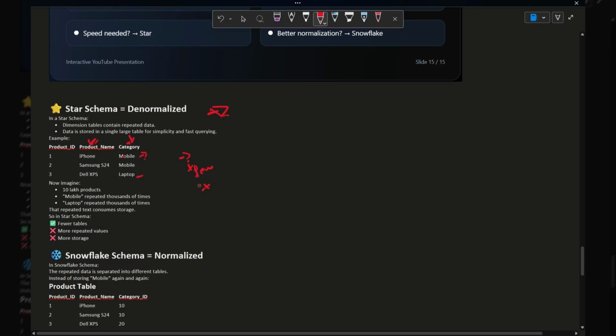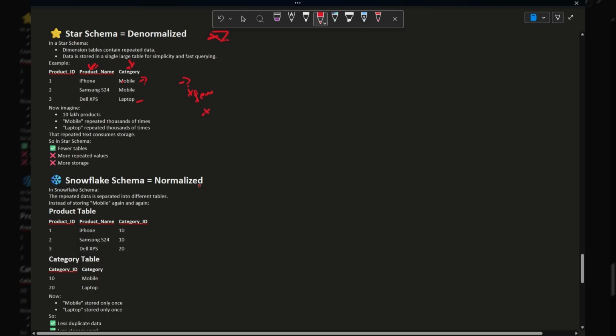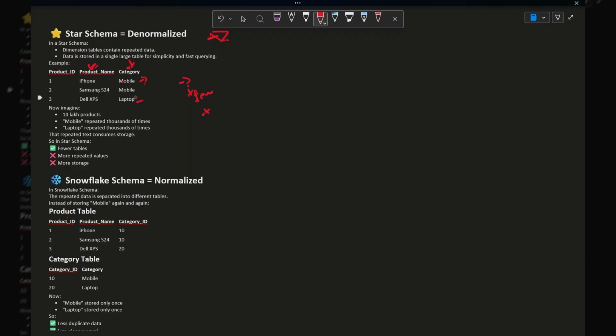Now let's move on to the Snowflake schema, which is more normalized. If we take the same example which we used for the star schema, in the product table we have product ID and product name. For the category, we have made another separate table, that is, we normalized it, and we name it category id. The category id will be the primary key for joining both these tables.